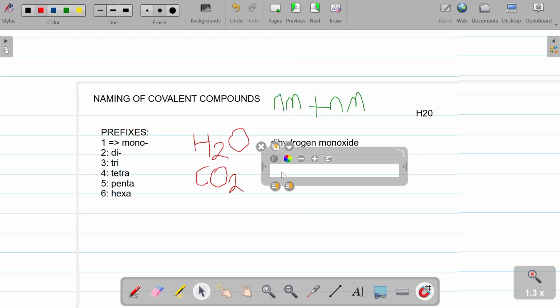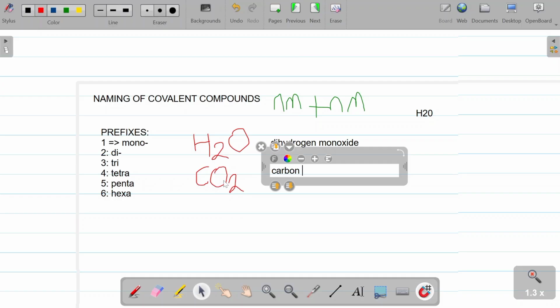Now you would expect us to say something like, oh, monocarbon. No, we don't say that. Why don't we say that? In covalent compounds, the first element, if it only has one atom, we don't bother to add the mono prefix. We just write carbon directly. Then the second element, if it's only one atom, like we saw here, we do add the prefix. But for the first element in the compound, we don't bother to add it if it's only one atom.